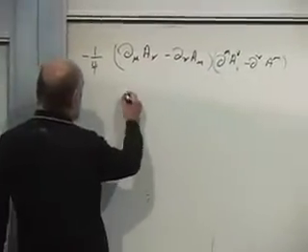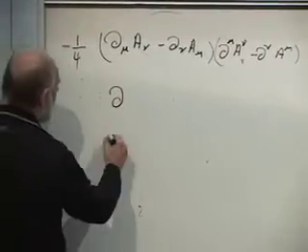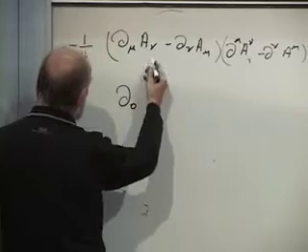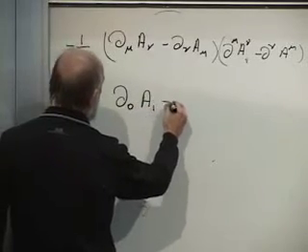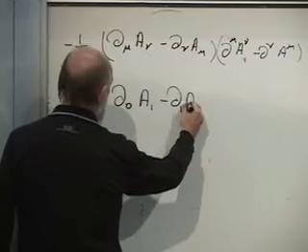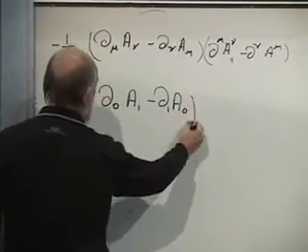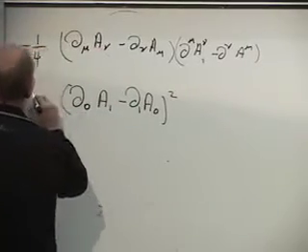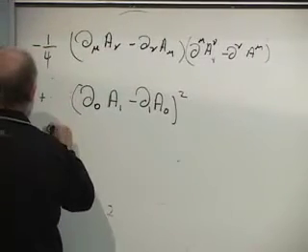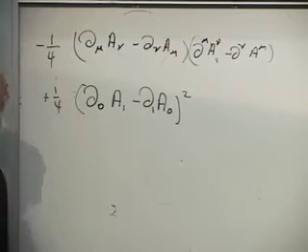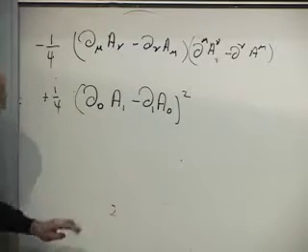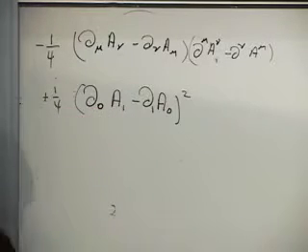There's a term which is the derivative with respect to, let's say, x naught, a1 minus d1 a naught, squared, with a quarter. This, of course, is just the square of the electric field.